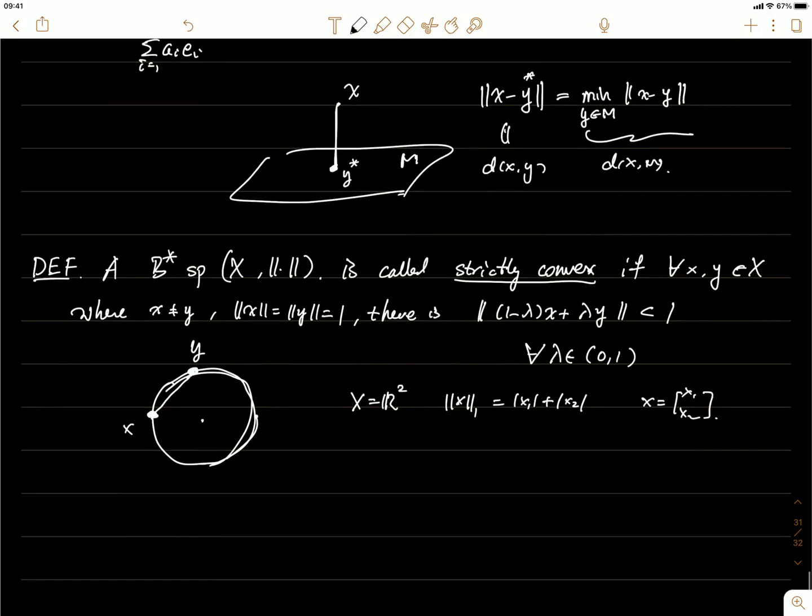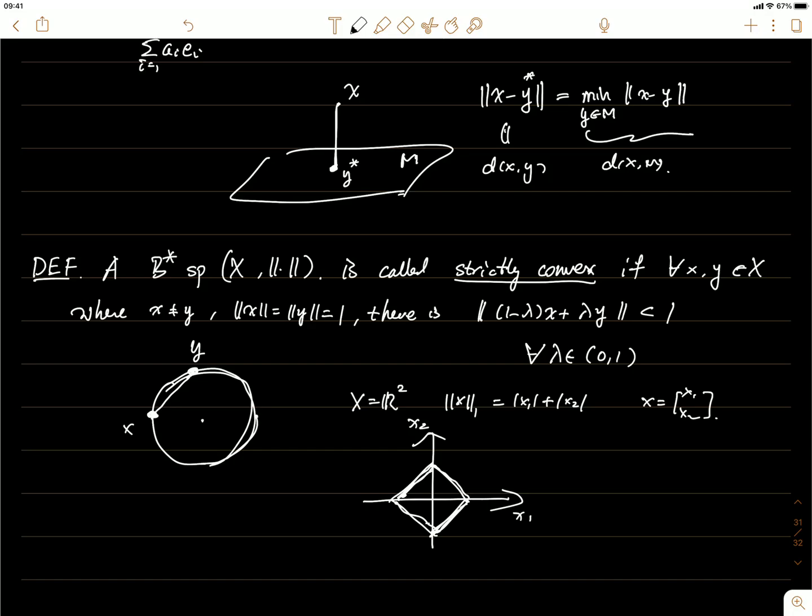Then I will not be able to get a strictly convex space, because in this case, this is x1, this is x2. This diamond shows what points have the norm 1. You can see all the points on this diamond have the norm 1.